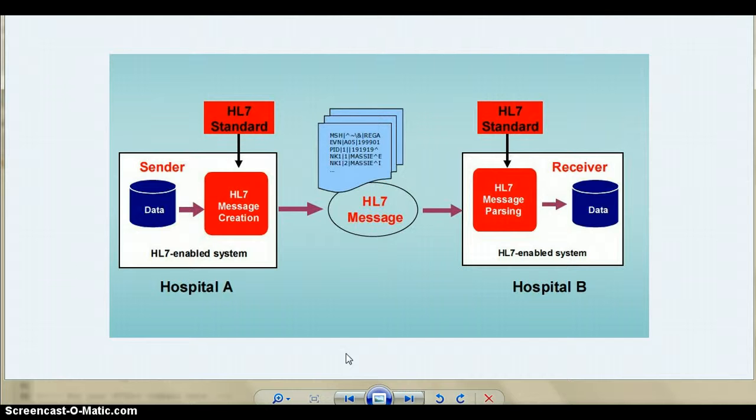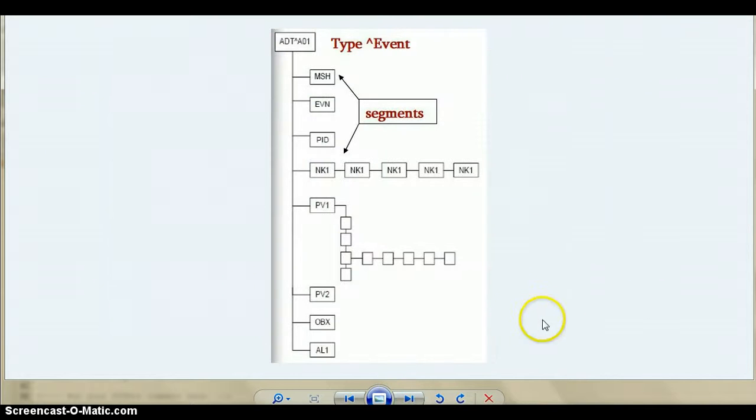Then your message format specifies the syntax and semantics of the message, depending on the message type and the event type. Then your data types specify the type of data of a particular portion of the message. The message is the atomic unit of data transferred between the systems.